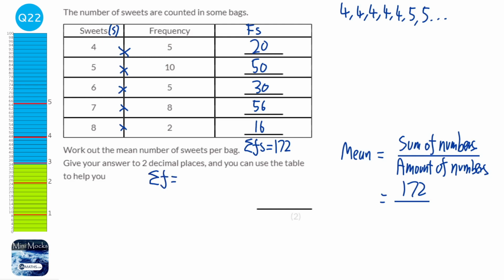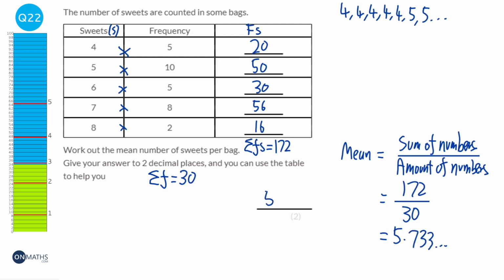We do 5 plus 10 plus 5 plus 8 plus 2, which is 30. So all we need to do to work out the mean is 172 divided by 30, which is going to be 5.733 and so on. It wants 2 decimal places, so we're just going to round that to 5.73.